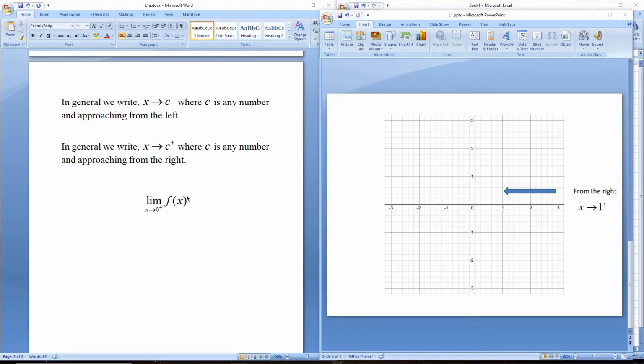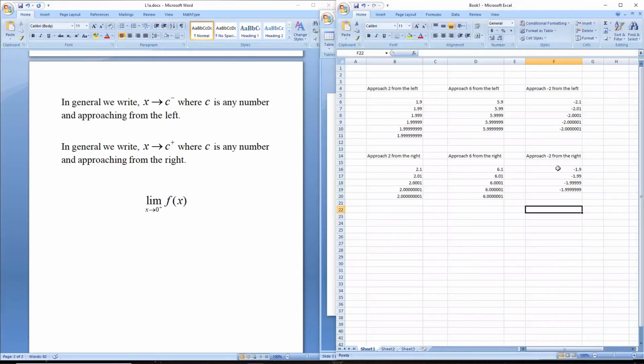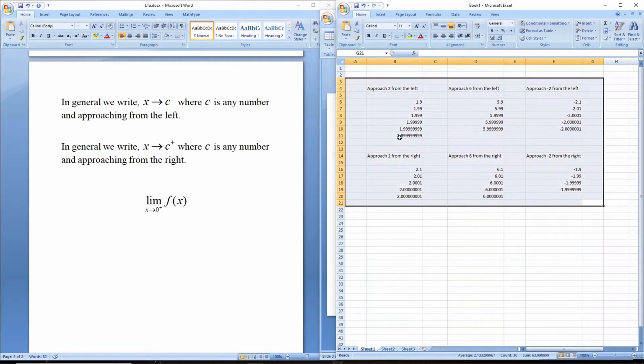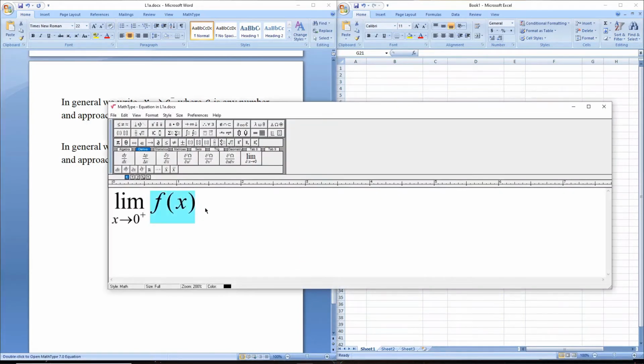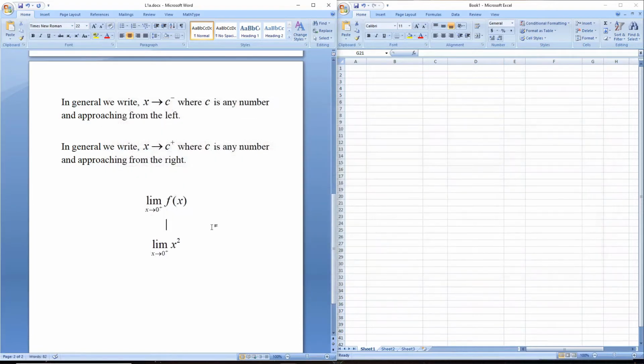So let's do some examples with this notation. And I will just get rid of this stuff here. And I'm just going to make up some function here. And let's just go with, say, a good old parabola, x squared. And so we want to find the limit of x squared as x approaches 0 from the right.